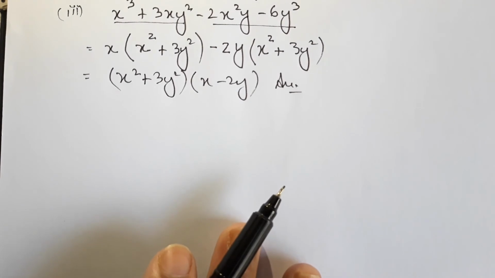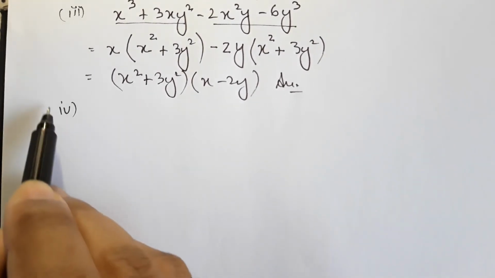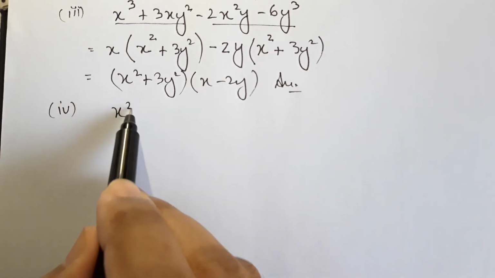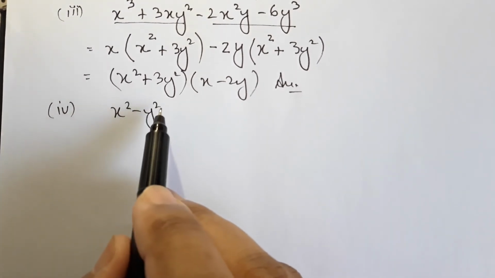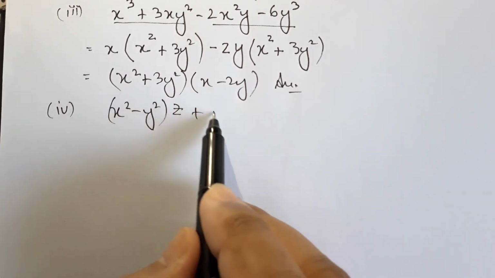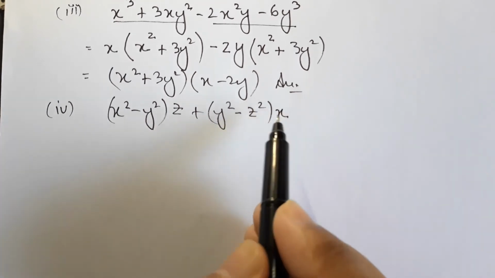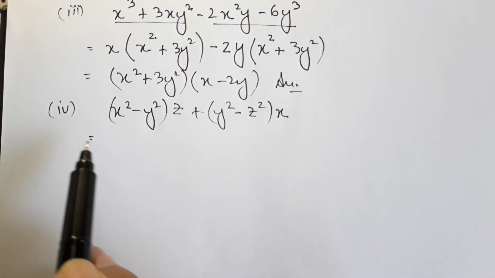Now come to the fourth part of question number 2, and the fourth part is (x square minus y square) into z plus (y square minus z square) into x. Look at this question beta.